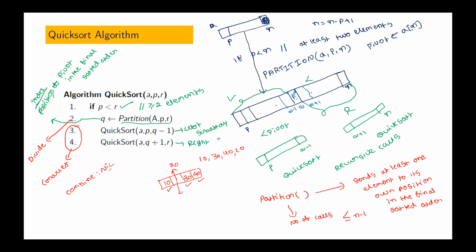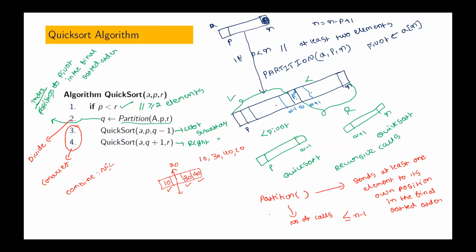So if I call the partitioning algorithm once, how many comparisons does it make? N minus 1, we can say. The pivot element we need not compare again with itself.